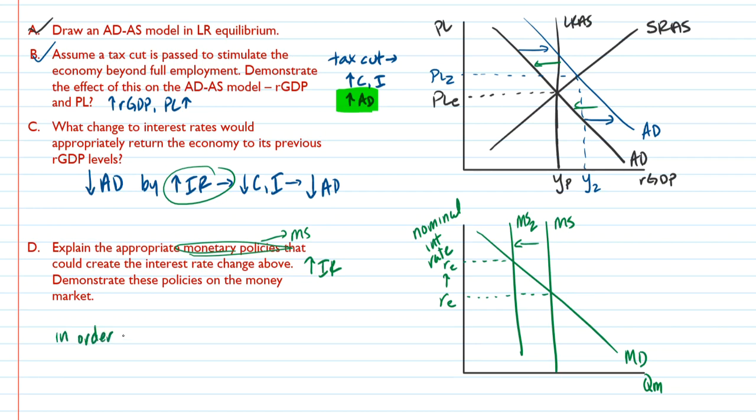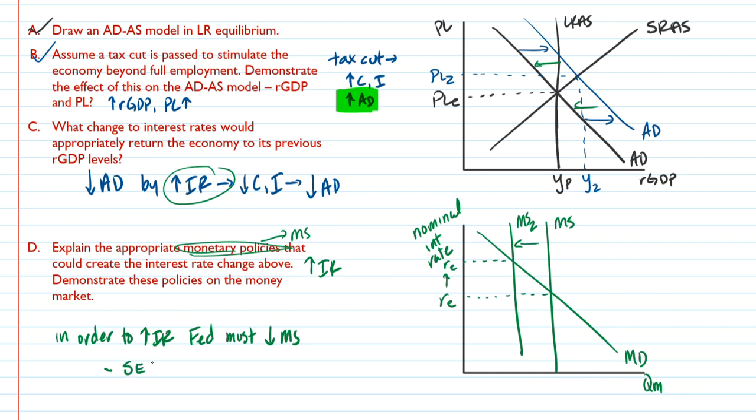In order to increase interest rates, the Fed or the central bank must decrease the money supply. And now the question becomes, what policies does the Fed have in its toolbox that can allow it to decrease the money supply? And the Fed has three major policies they can use.